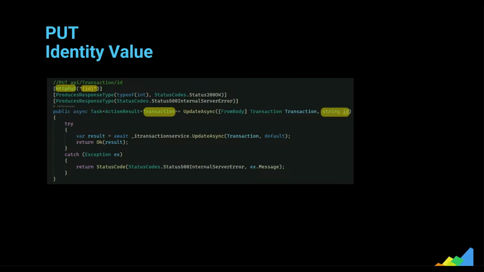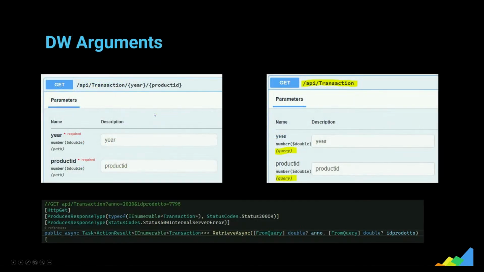So, transaction in this example. When you have PowerBuilder DataWindows with multiple retrieval arguments, they are converted to multiple parameters in the route path. For example, a resource transaction needs two DataWindow retrieval arguments, year and product ID. This path is not ideal. The UI developers prefer multiple parameters to be part of a query string, as in this example to the right.